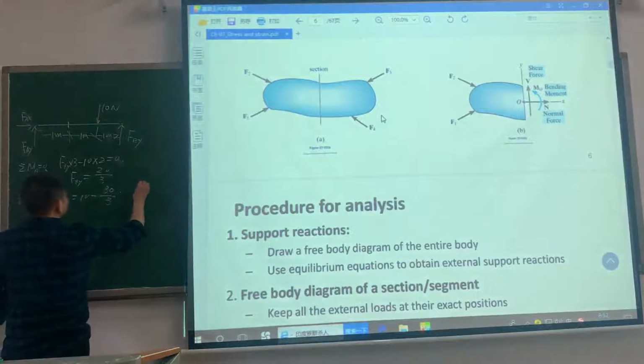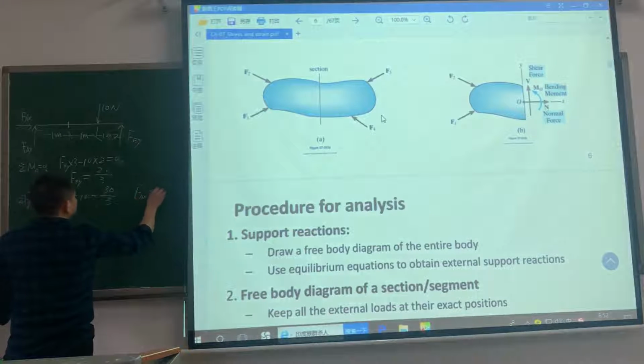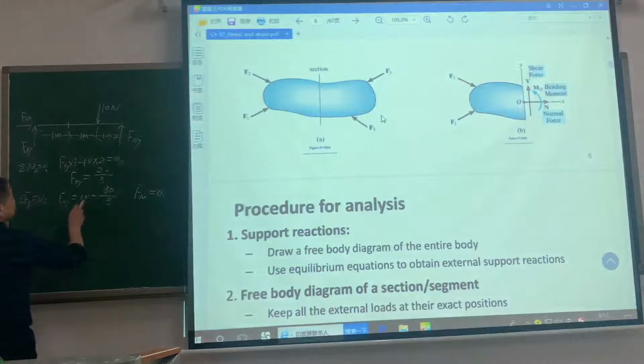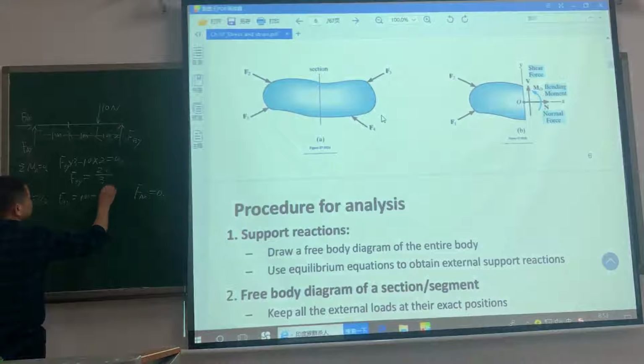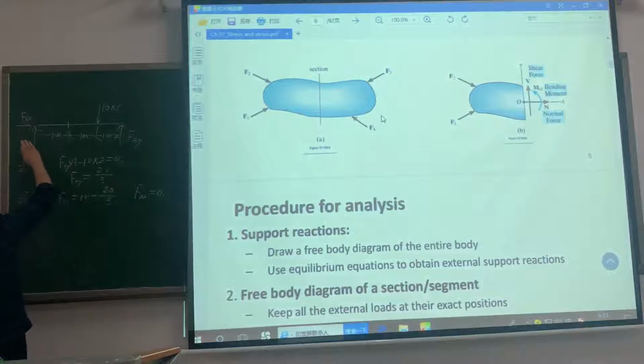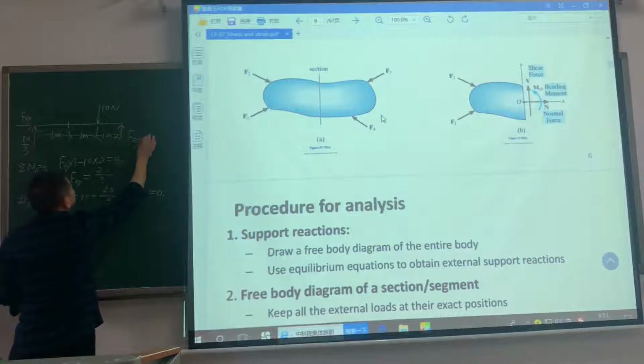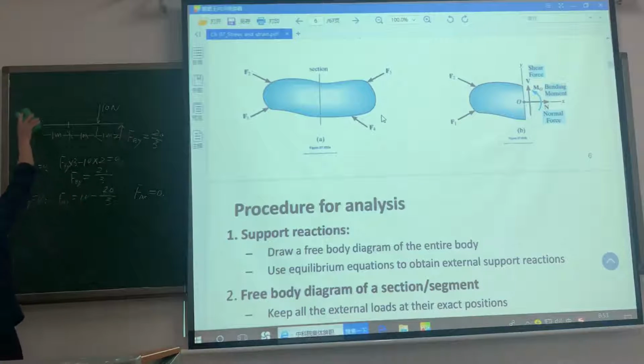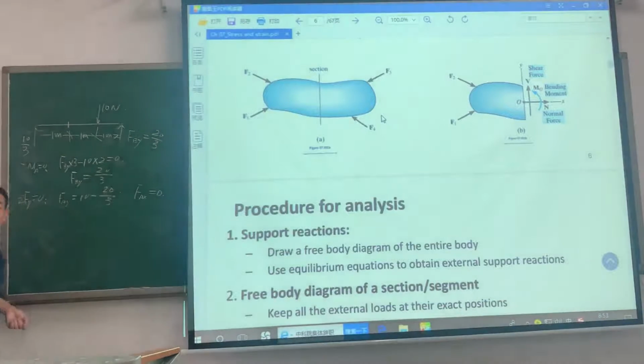We can also find Fx is 0. We can eliminate that. Understand?